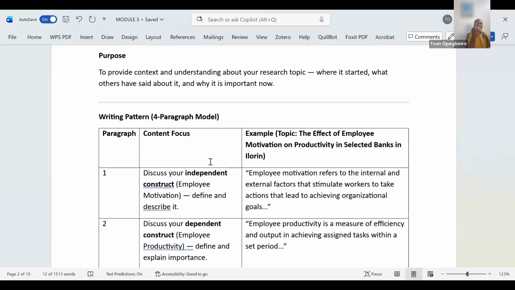So you want to touch on the context of COVID-19, the context of immunization, the context of pregnant women, the context of your case study. I mentioned independent and dependent constructs, and case study, so your background to the study will touch on the context of all those things. Try to supply as much context as possible.